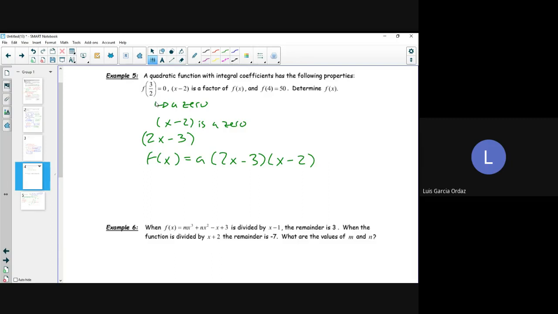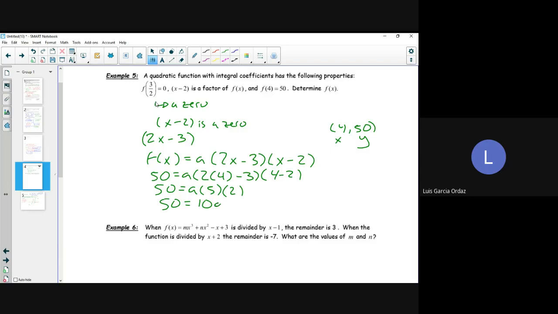So our point is going to be 4 and 50. Our 4 is our x and 50 is our y. So all we're going to do is sub them into the equation. We have 50 is equal to a times 2 times 4 minus 3 times 4 minus 2. We got 50 is equal to a times 5 times 2, 50 is equal to 10a.